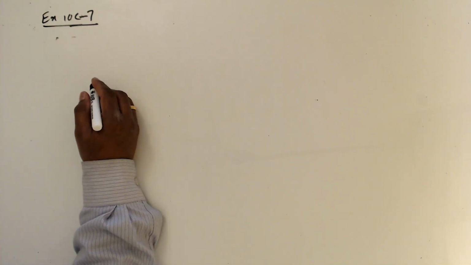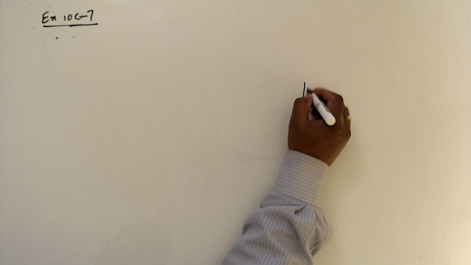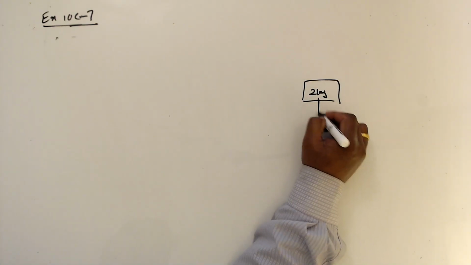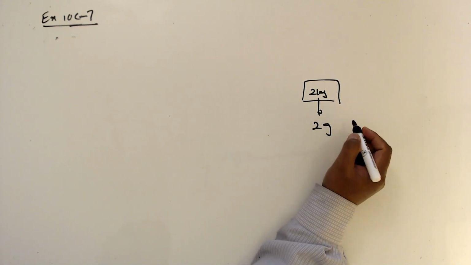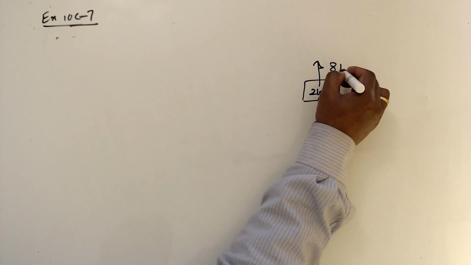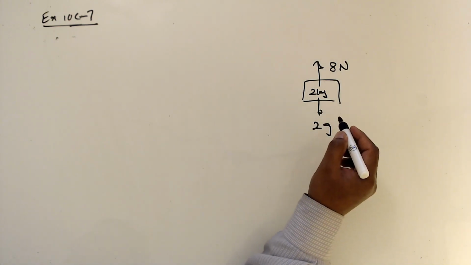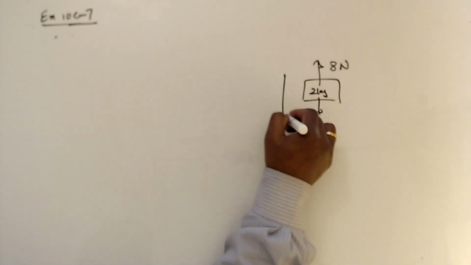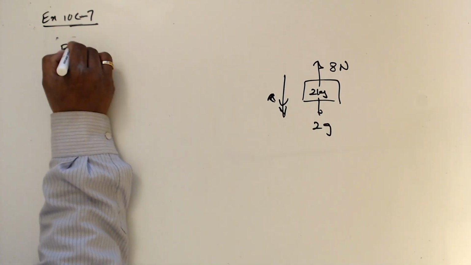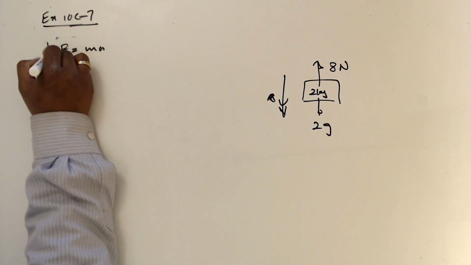Question number 7, we need to find the acceleration. This is 2 kg, and this is 2g, and the force is 8 Newton, and there's acceleration a. So F equals ma, we'll put downward.